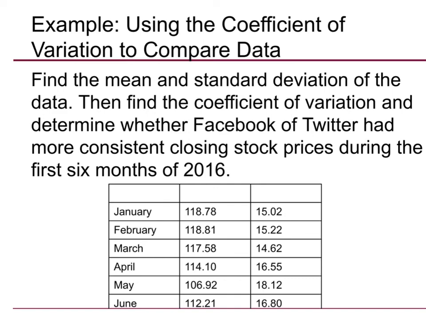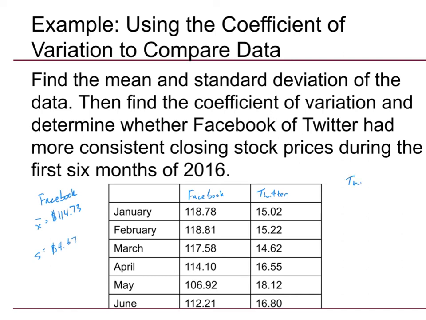For this one, Facebook is this middle column here. Again, the labeling sometimes is just missing. It's a little strange. This one is Twitter. Facebook's mean and standard deviation are given as $114.73, which is the average stock price for Facebook in these 6 months, and the standard deviation is $4.67.